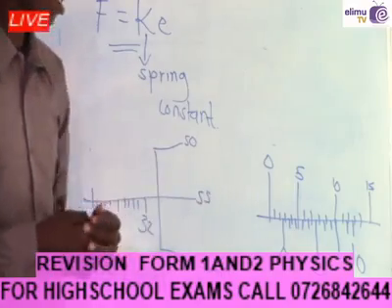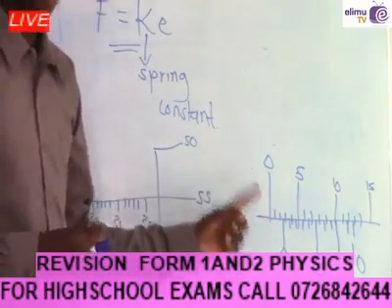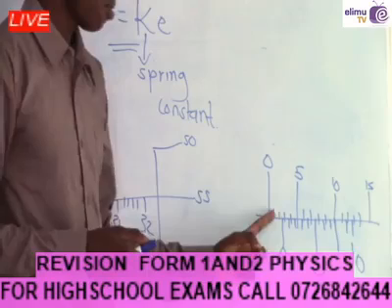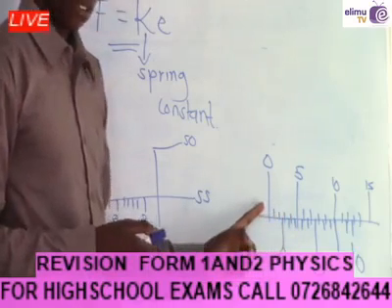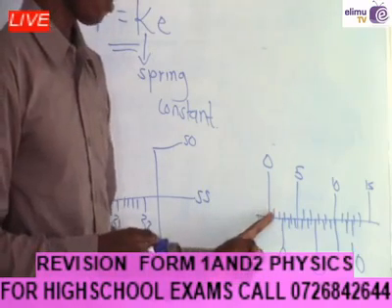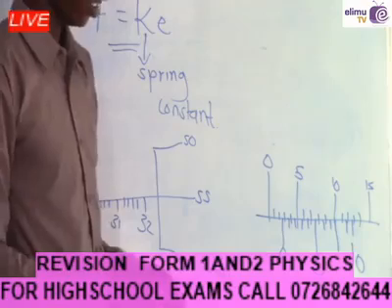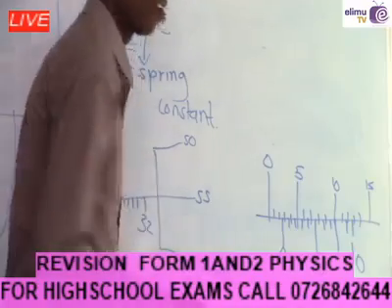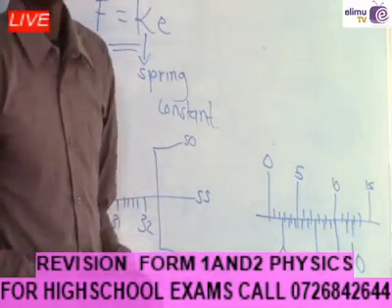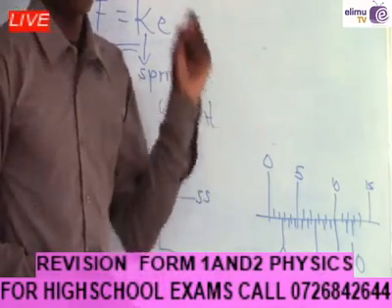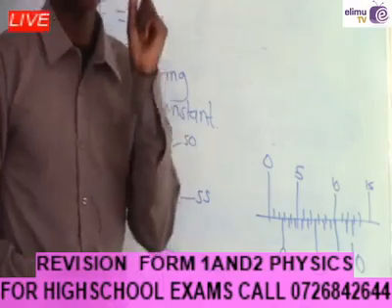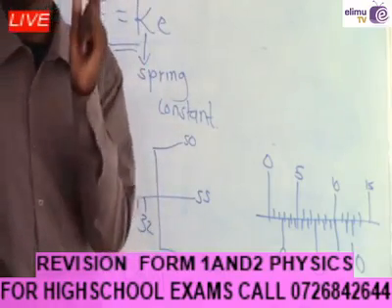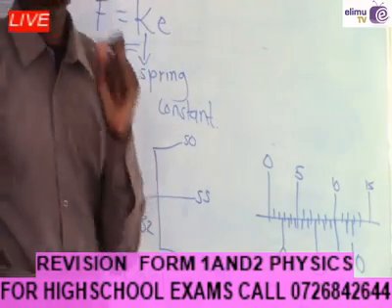So for example, at this point, we have 0. So you count 0, 1, 2, 3, 4, 5. So it is 0, 1, 2. So this value is 2. Plus, we are going to look at where the value on the main scale matches with the value on the sleeve scale.